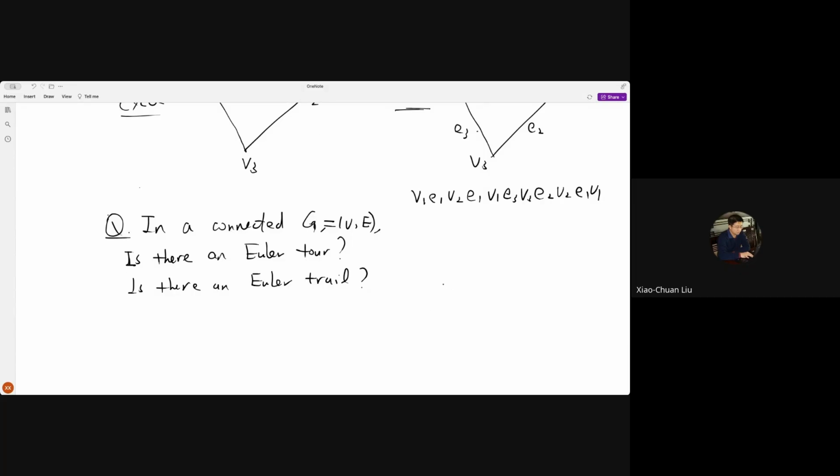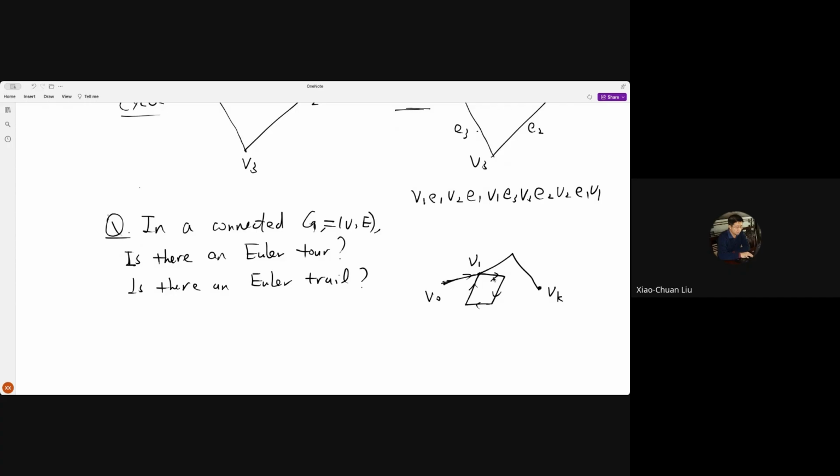Remember, an Euler trail is something like you go from V0 and you arrive at VK. It's better to do something like this, probably like this and this. Okay, this is an Euler trail. For example, this vertex V1, you can visit twice, but you cannot visit an edge twice.